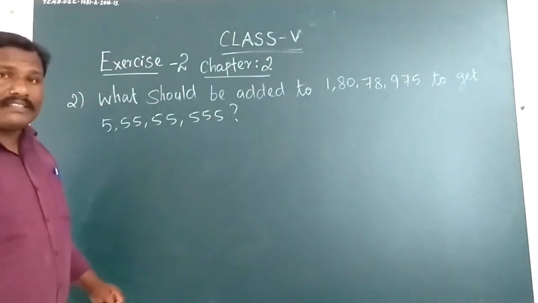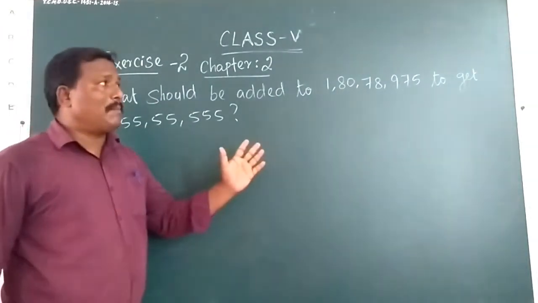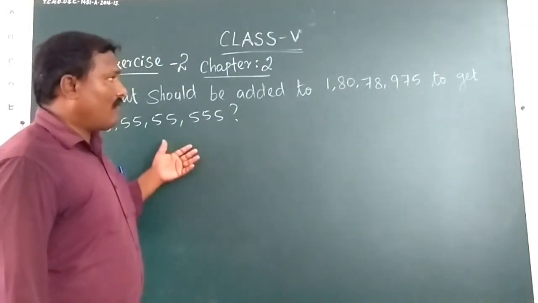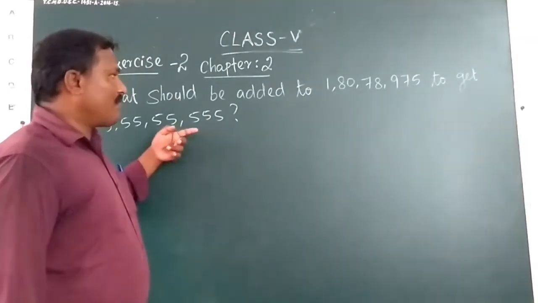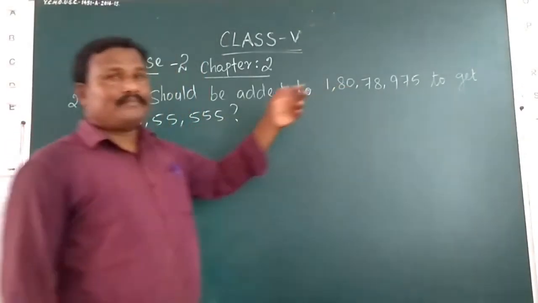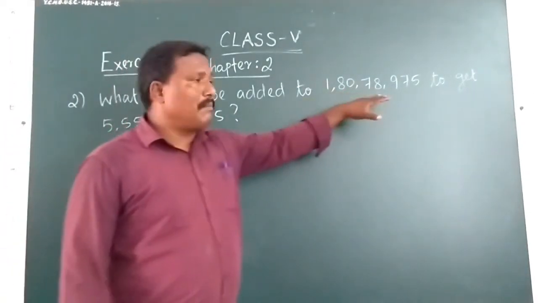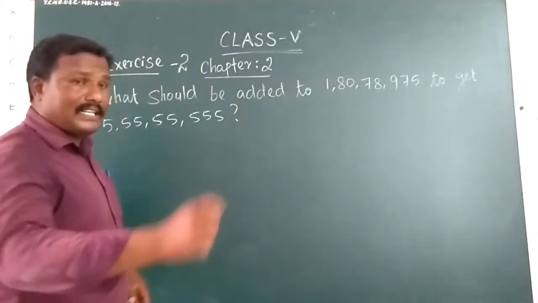We already taught this kind of example. Again we will revise. What I will do is subtract this number from this number. Then I will get the second number.